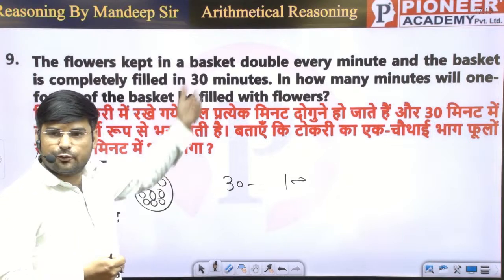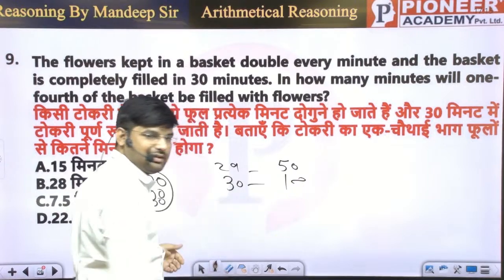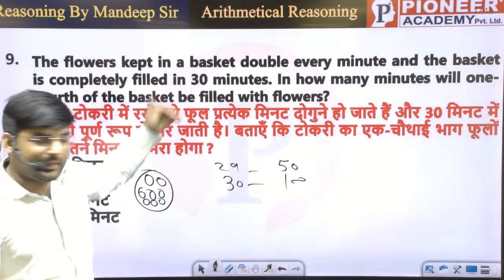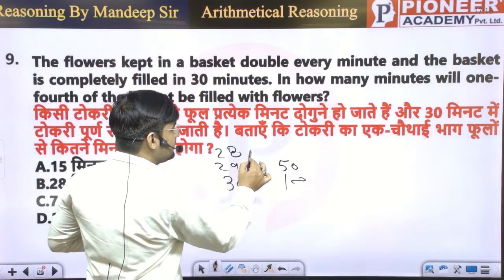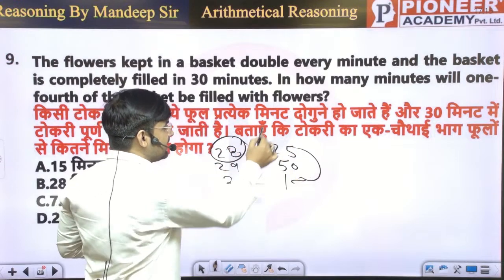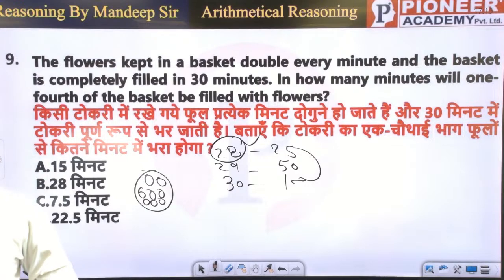So if we go back 1 minute, it becomes half. Clear? And again if we go back 1 minute, it becomes half, and 25 is 1/4 of 100. So 28 is the correct answer. Good. Shabash. Clear? Any doubt?